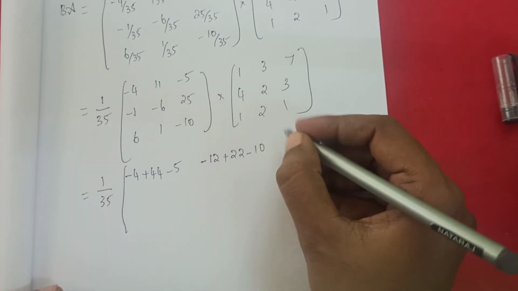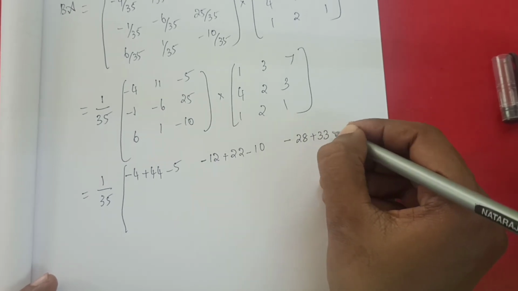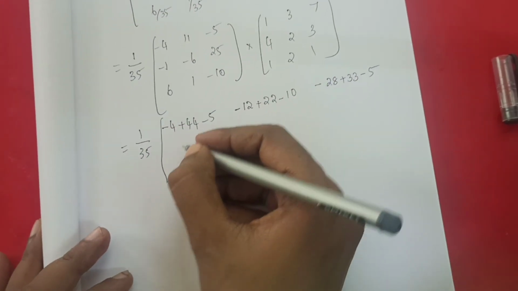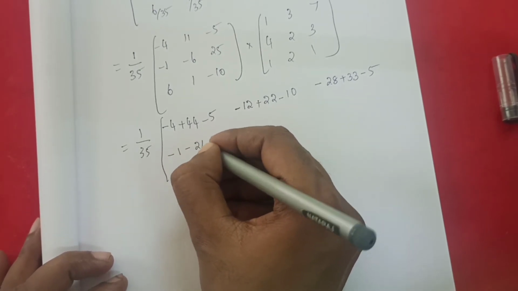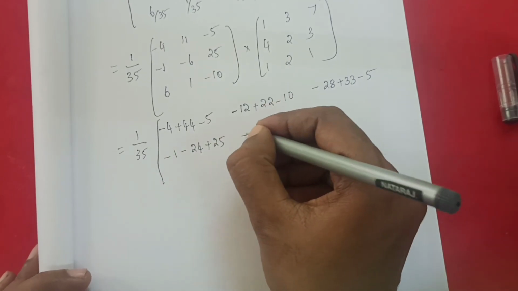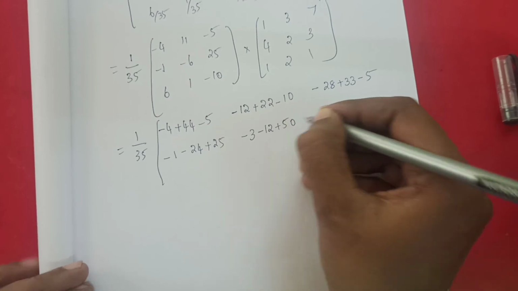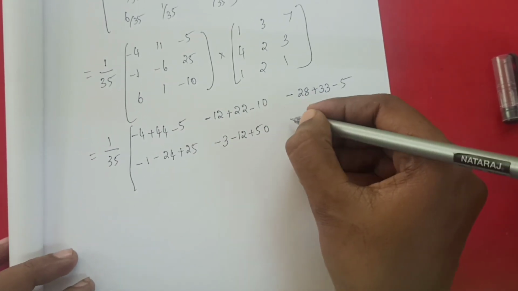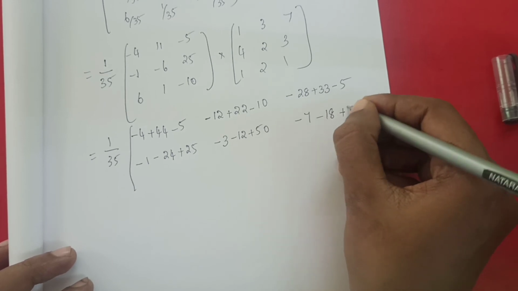Then this with the last column: minus 28 plus 33 minus 5. Then minus 1 minus 24 plus 25. Then minus 3 minus 12 plus 50. Then minus 7 minus 18 plus 25.